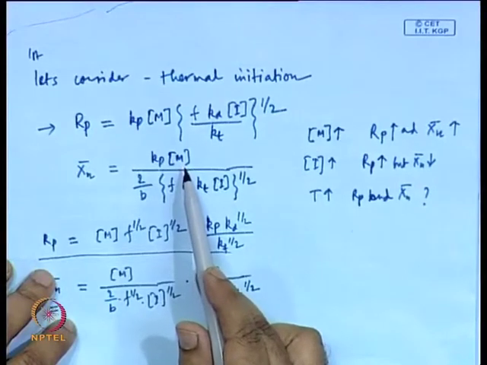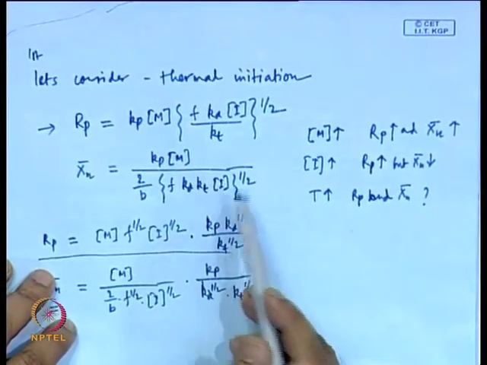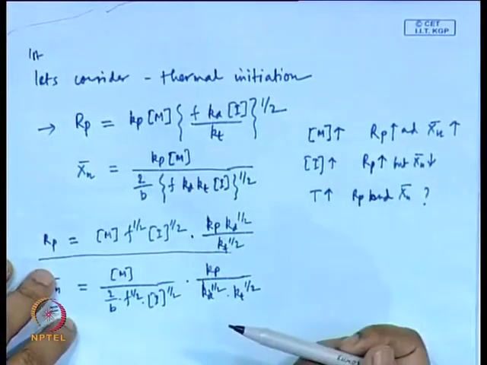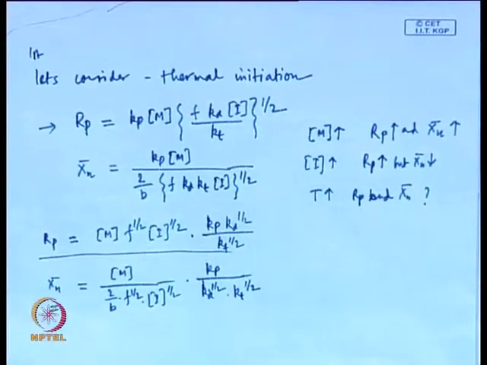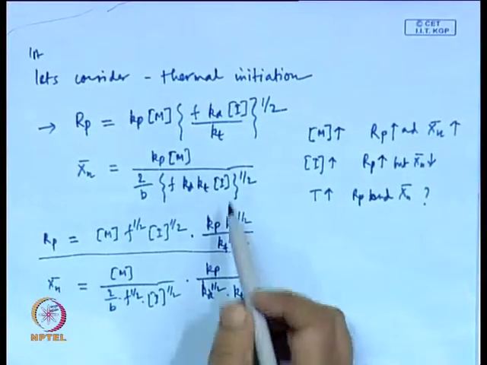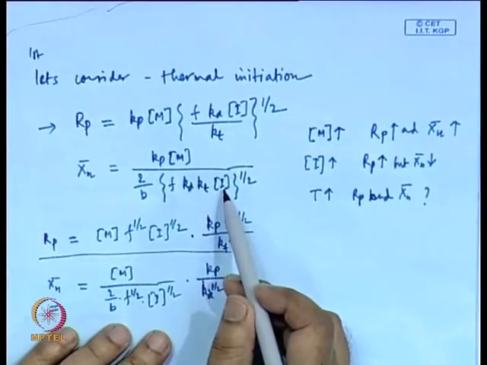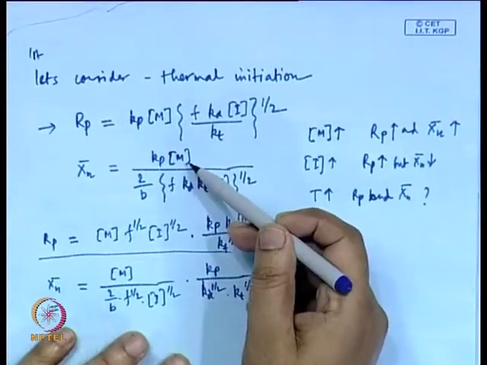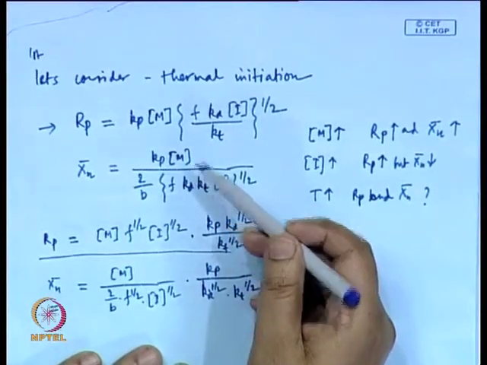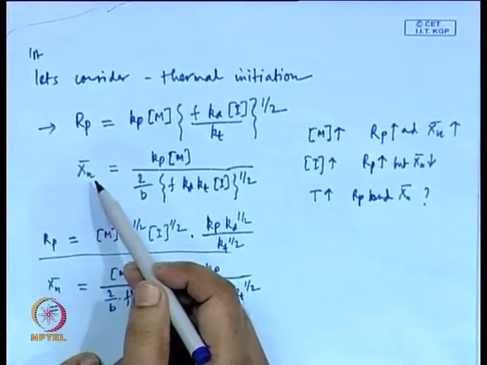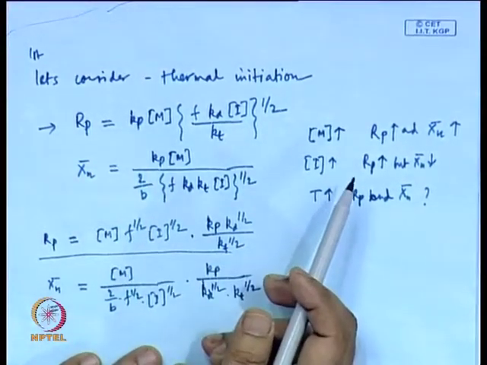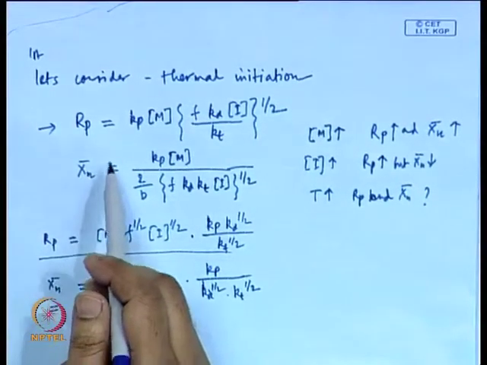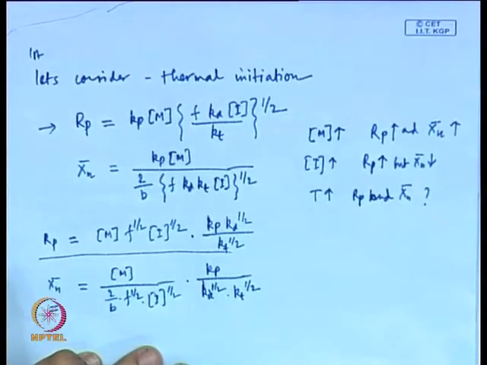Now, with time the values of M and I change, and changes mean decrease. As the monomer is converted to polymer, the monomer concentration drops as well as the initiator concentration, but the drop in initiator concentration is much more compared to the drop in monomer concentration. That means the molecular weight is higher compared to the molecular weights which were generated before.